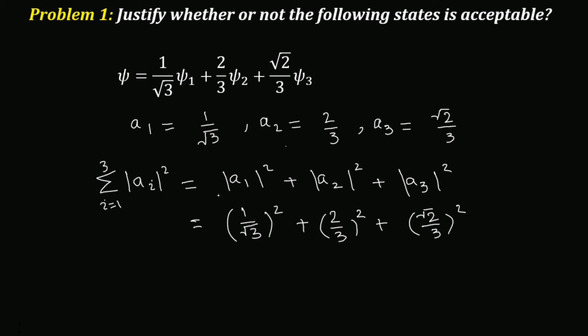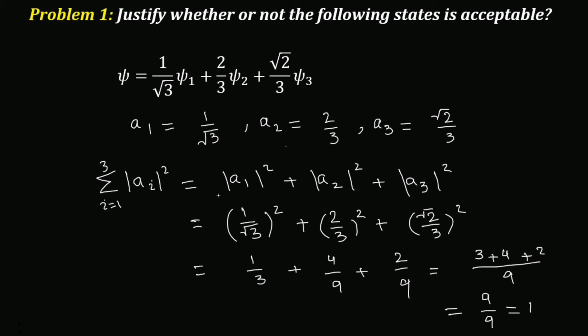And this is equal to 1 over 3 plus 4 over 9 plus 2 over 9, and 9 is the LCM. This will be 3 plus 4 plus 2, so this is 9 over 9, and this is equal to 1, which means that yes, it is acceptable.